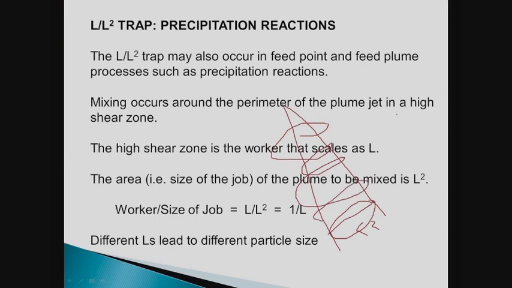So what happens is you have a 2 pi r effect, 2 pi r L. So I have L over L squared, and I have a 1 over L situation occurring. At large, well, first off, this points out that the size of this feed plume will determine behavior of the process. So in fast precipitation reactions, you will have a scale effect.